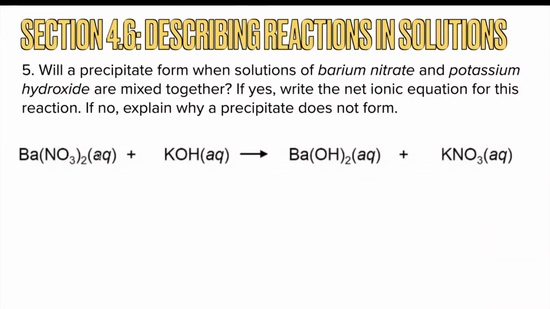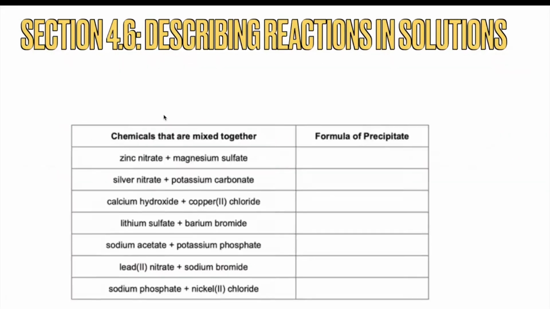Anytime you end up with everything aqueous on both sides, all you did was dissolve these in water. Your products that you wrote here are correct. We paired up our cation and anion from both parts of our reactants, but in reality, this doesn't really happen. And so, like it says, if not, explain why. There you go. That's your reason why.